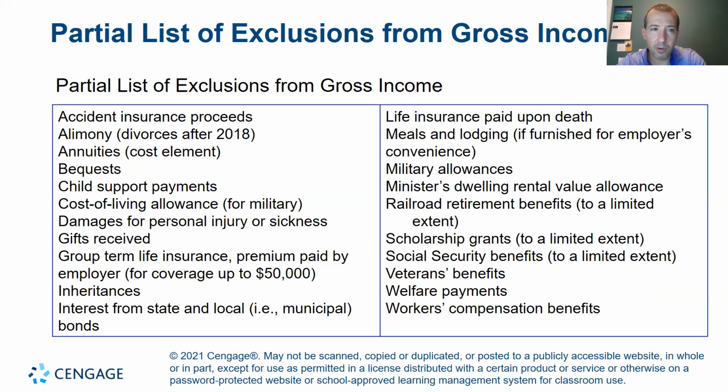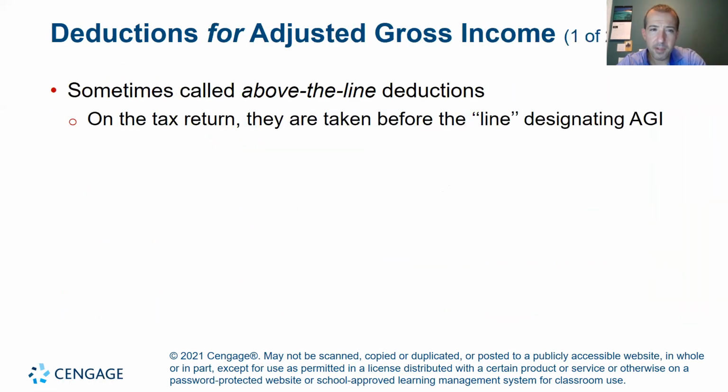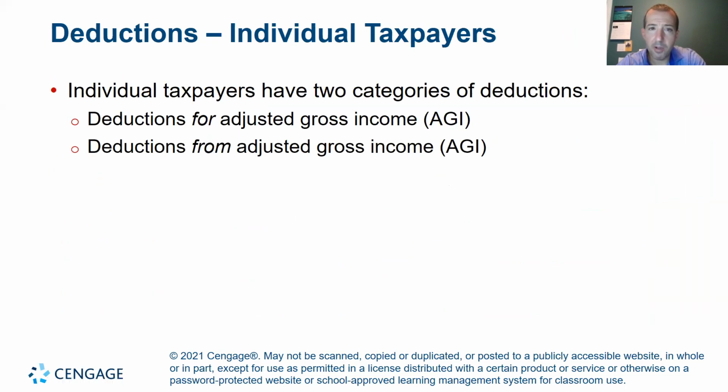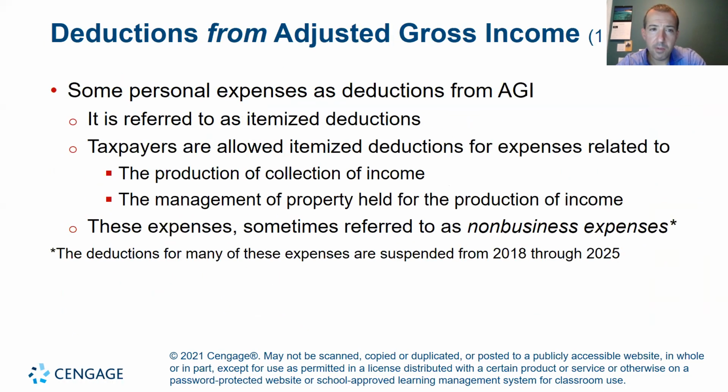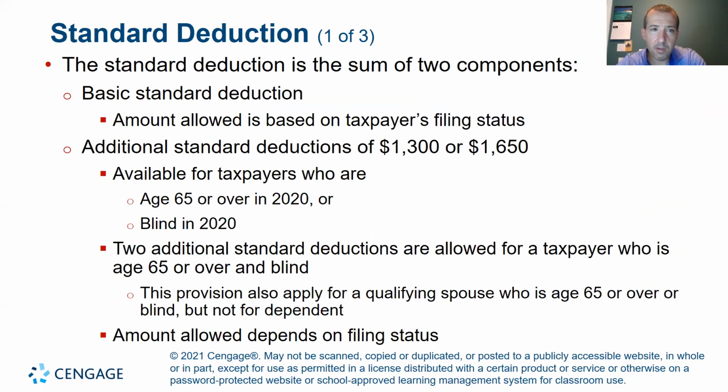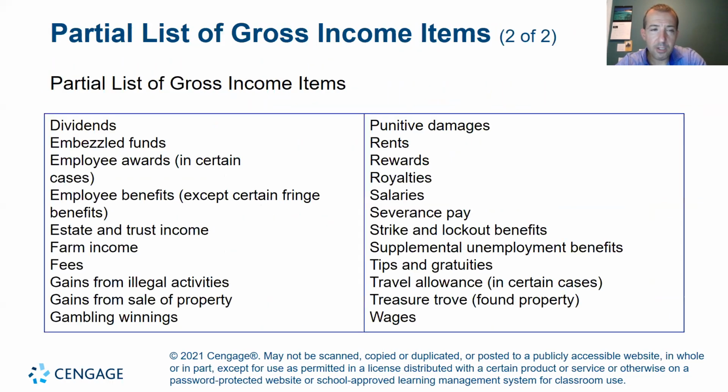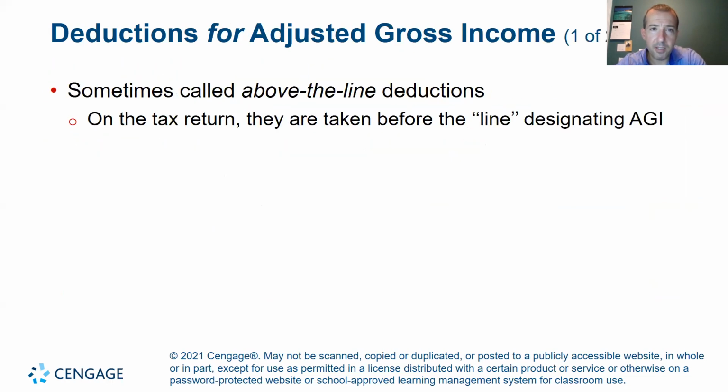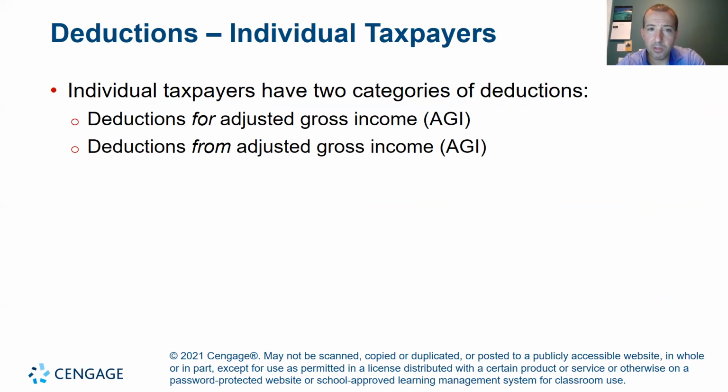I'm going to skip through for a minute. And next I'm going to talk here briefly about deductions for individual taxpayers, right? So we have deductions for adjusted gross income and deductions from adjusted gross income. The deductions for adjusted gross income will be at the top line, right?